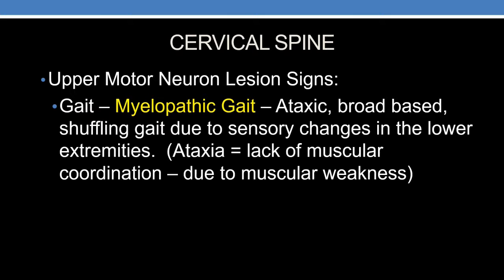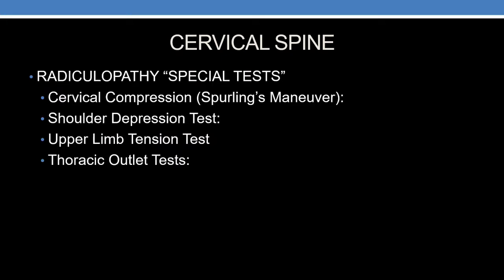The reason that they would fall over is because of sensory changes in their lower extremities. They have altered sensory input to tell them about the position of their body relative to their center of mass and relative to the surface of the floor. So that's quite a bit about myelopathy.